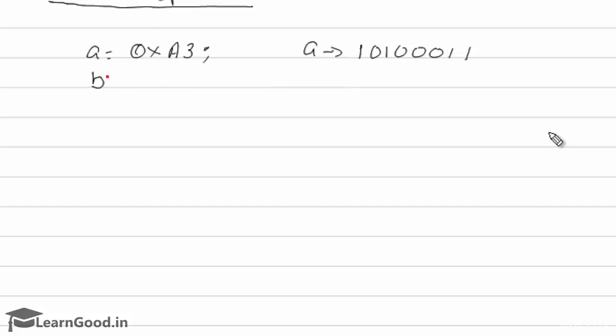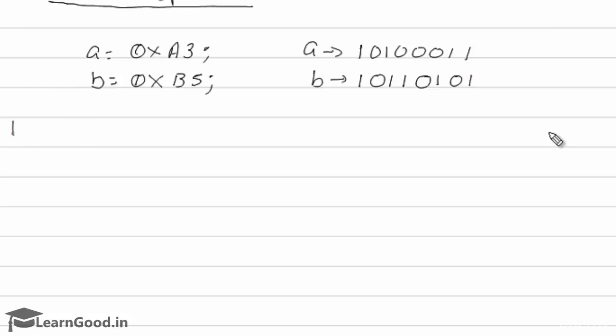Similarly, I'll take B equal to 0xB5. That means B is 1011 and 5 is 0101. Fine.